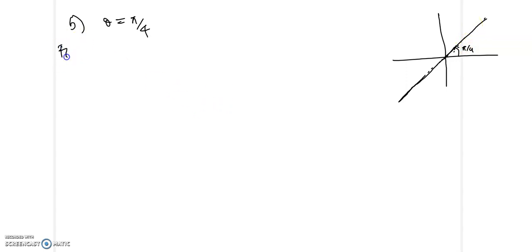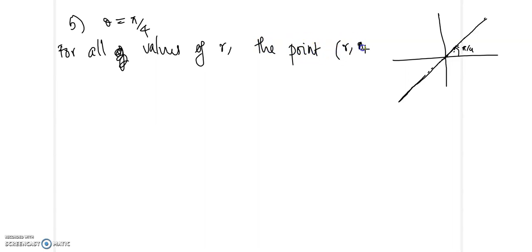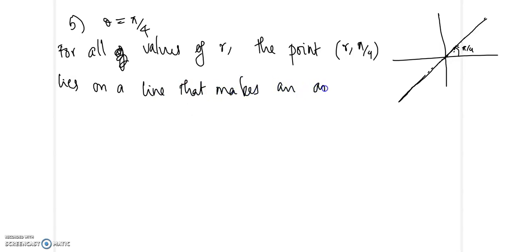So for all values of r, the point r pi by 4 lies on a line that makes an angle pi by 4 with the polar axis.